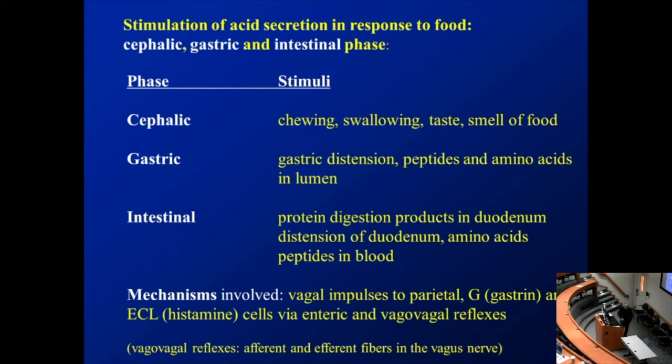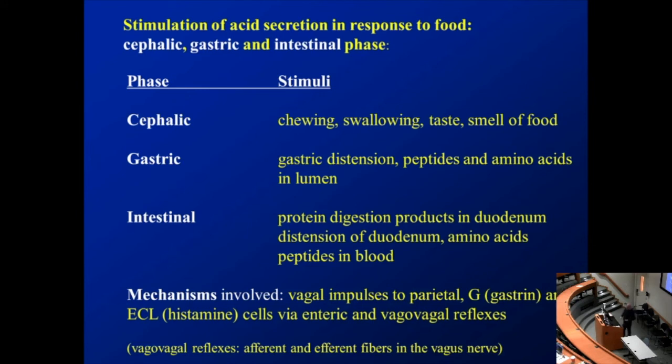The stimulation of acid secretion in response to food, and here we can distinguish between three phases. The gastric and the intestinal phase stimulate acid production just by the fact that food arrives in the stomach, and later on, at least at the beginning, in the small intestine.